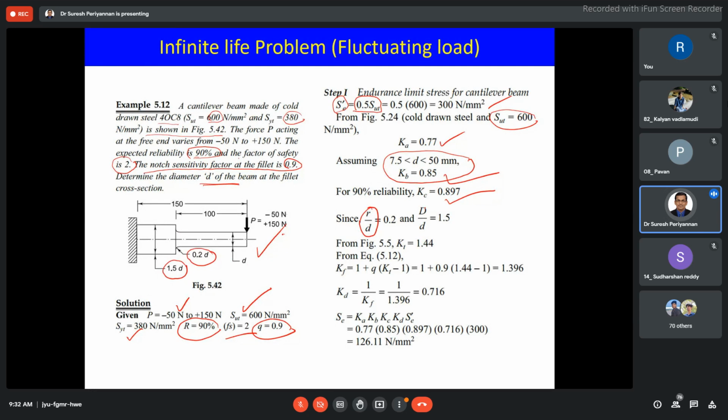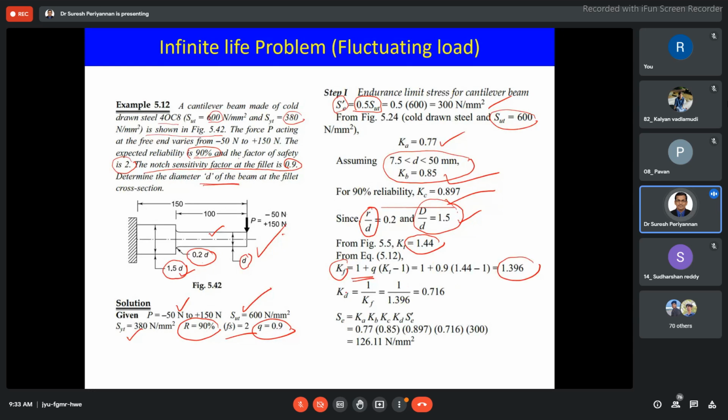Capital D is given as 1.5 d, and small d is d. So the r by d ratio is 0.2, and the D by d ratio is 1.5. From these ratios we go back to the chart we discussed earlier and obtain the stress concentration factor. Once we know that, we can find the fatigue stress concentration factor Kf, which is 1.396.